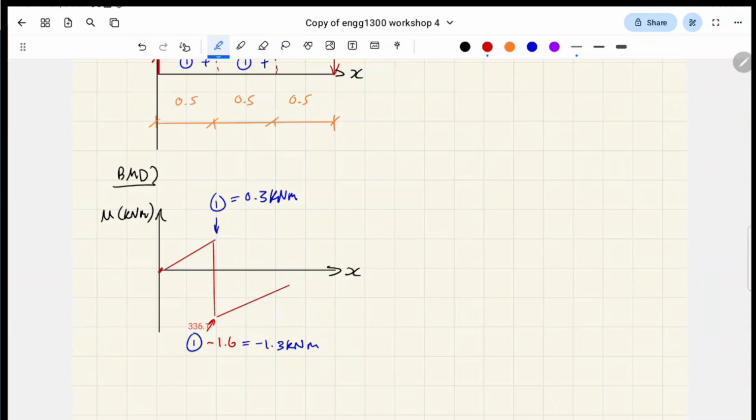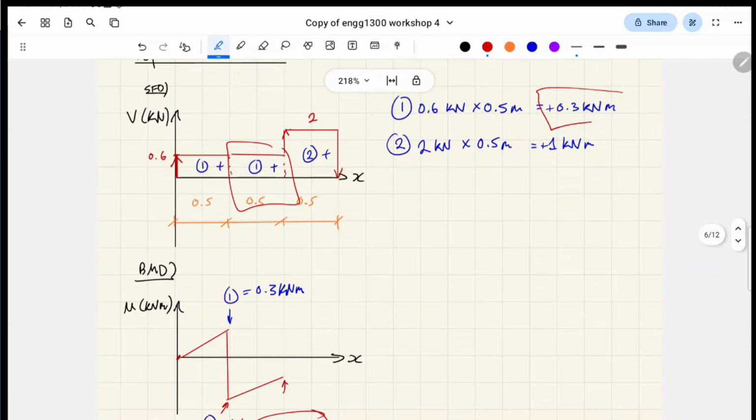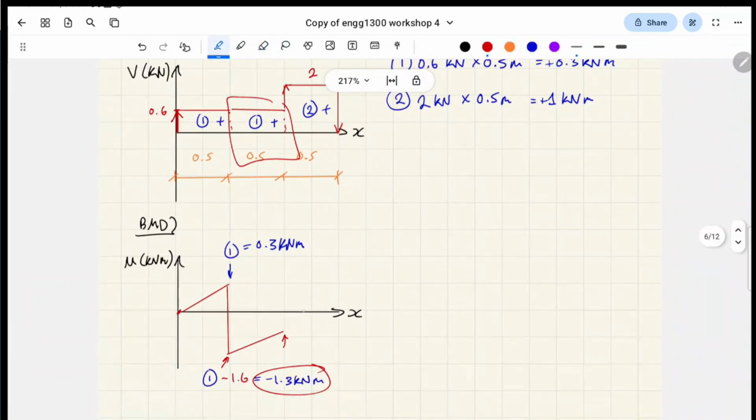And then basically we're going to add on another one of that shape by the time it reaches here, right? So here it's negative 1.3, continuing from what we had before, except you add on one of this shape, which is 0.3. And so this is now negative 1.